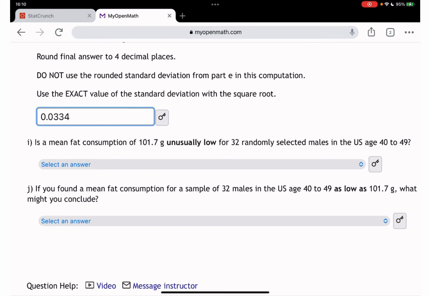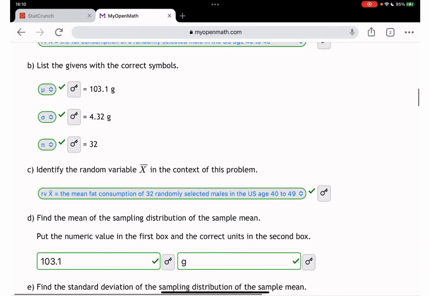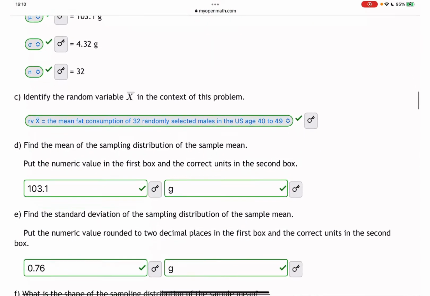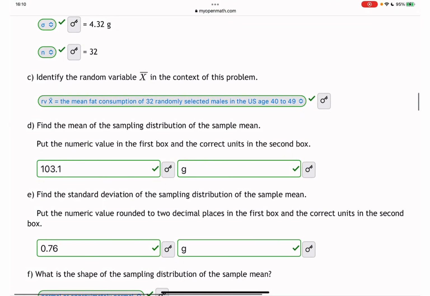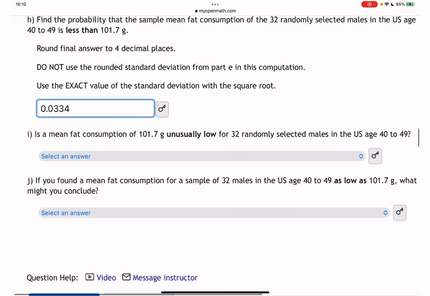The average for 32 randomly selected males is 103 and something, right? How much was that? Let me see. For 32, the average was 103.1, correct. Now here we got 0.0334 for the 32. So what does that mean?